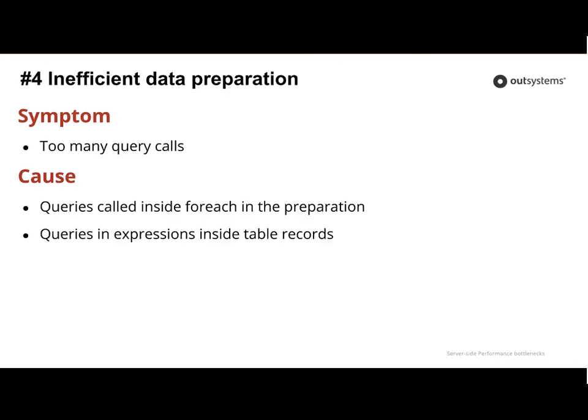This will end up with dozens, hundreds, thousands of queries just to prepare data to be displayed on the screen. Also, some of the queries are executed during the screen render within the table records. This is also something that is going to jeopardize the performance of the data preparation.